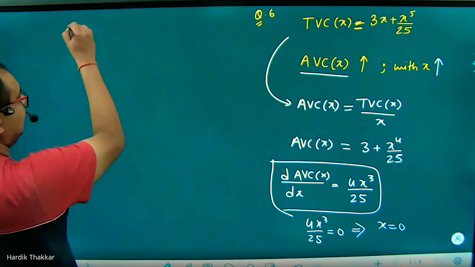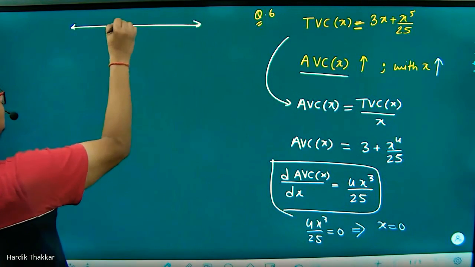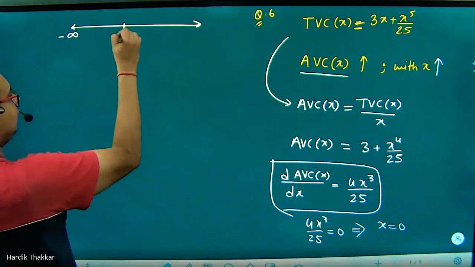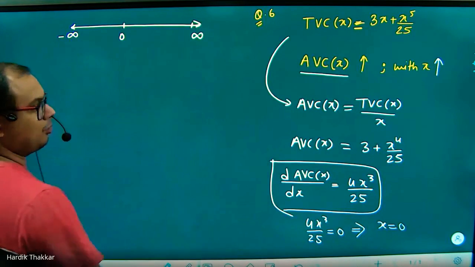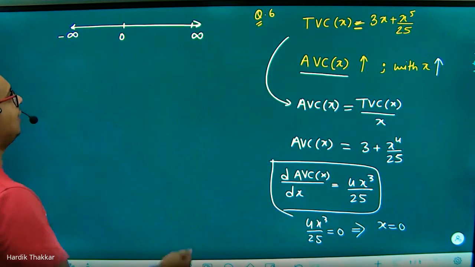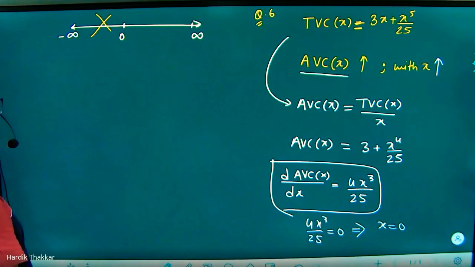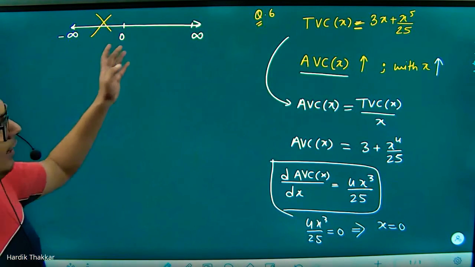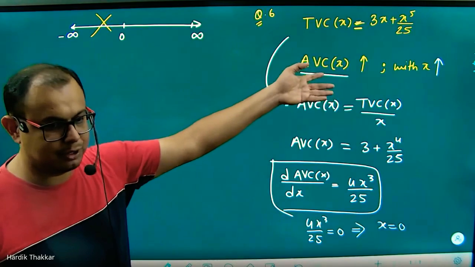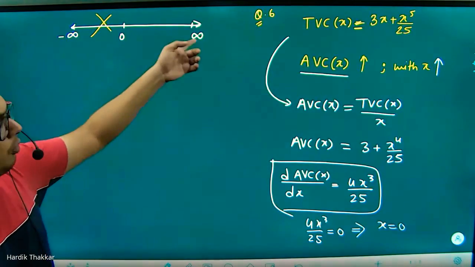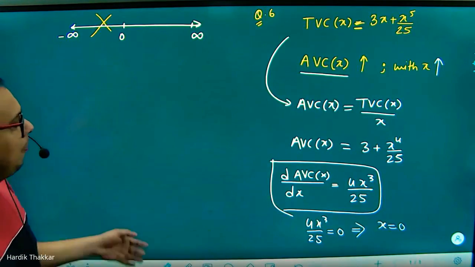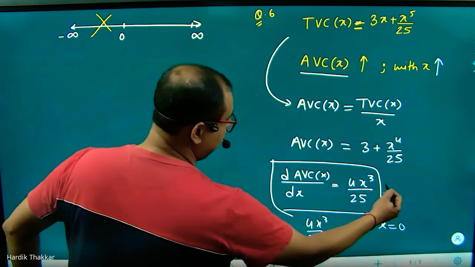So you will get two intervals: the first interval is minus infinity to 0 and the second interval is 0 to infinity. But we will not use the first interval. Why? Because X cannot be negative. The number of items produced cannot be negative. So the interval will be only 0 to infinity. Now put any value between 0 to infinity and check the sign.